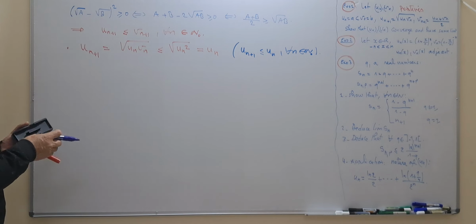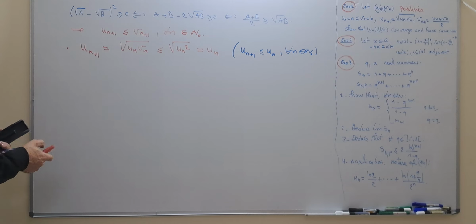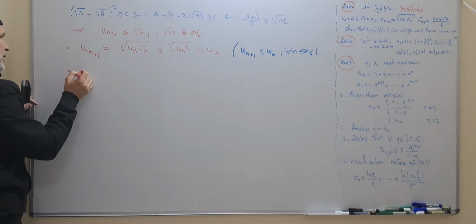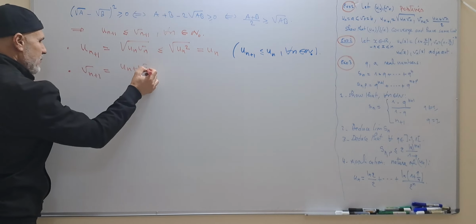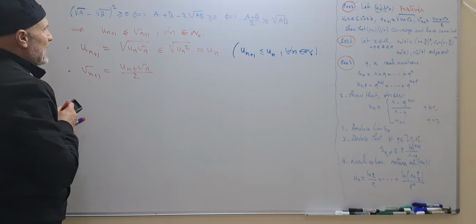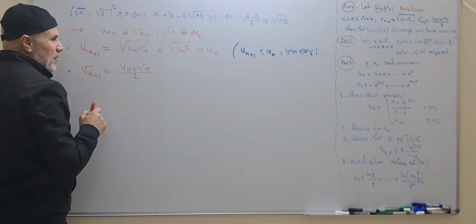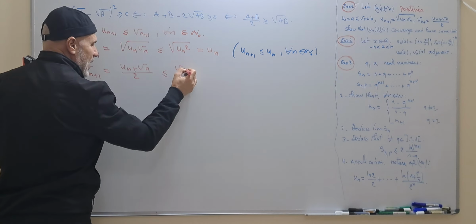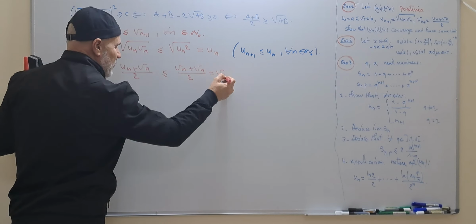The second remark: we have vn plus 1, which is equal to un plus vn divided by 2. Remember that un is less than or equal to vn. So this is less than or equal to vn plus vn divided by 2, which is equal to vn.